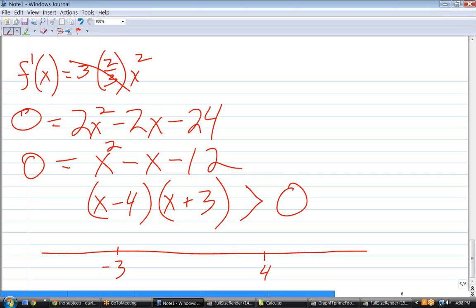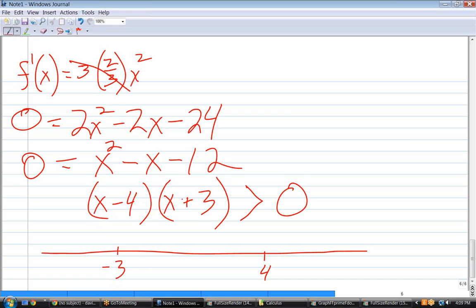The only thing we need to do is to test a point to the left of minus 3, test the point in between minus 3 and 4, and test the point to the right of 4. Well, pick a number to the left of minus 3. Minus 5. Okay. What's this?